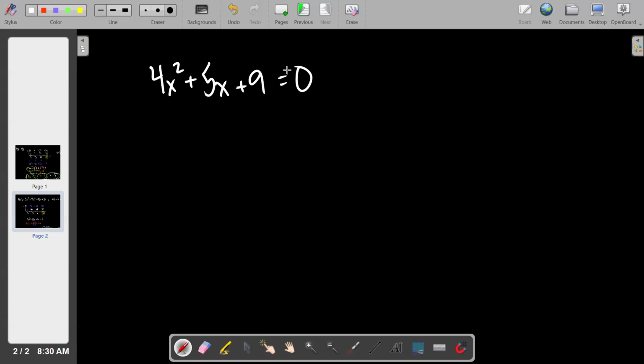Ready, set, go. This one should not take long. What's A? So A is 4, B is 5, C is 9. And we're off. We write X equals, and right out of the gate, what's the first thing we do? Switch it.